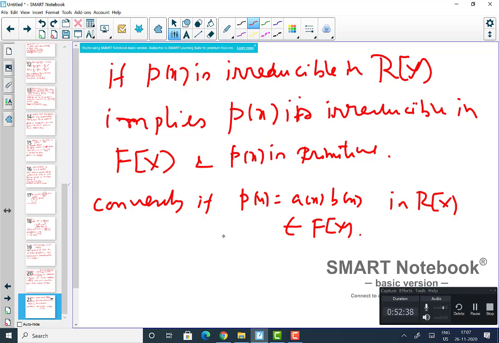So thus also reducible in F[x], right? So this is the proof. So what does that mean? That means if it is irreducible in F[x], then it's irreducible in R[x]. Okay, done. So this is the proof. Yeah, I think maybe I should stop here. Okay.